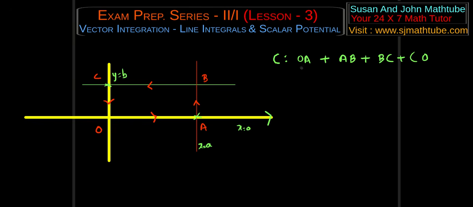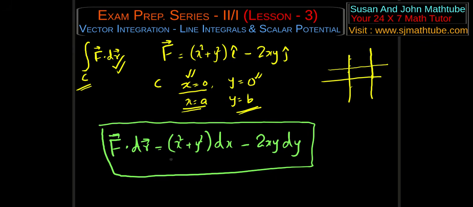Now let's calculate the limits. OA is the x-axis, and x-axis means y equal to 0. So I'm going to write the path y equal to 0, and that means dy equal to 0. That implies in F dot dr, the dy part will vanish, and y will also vanish.